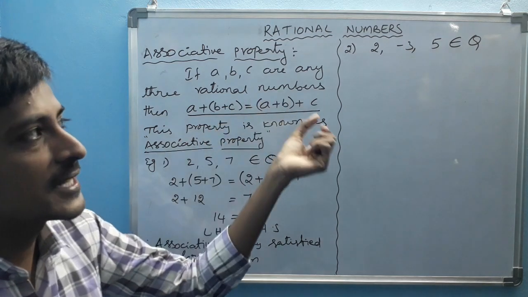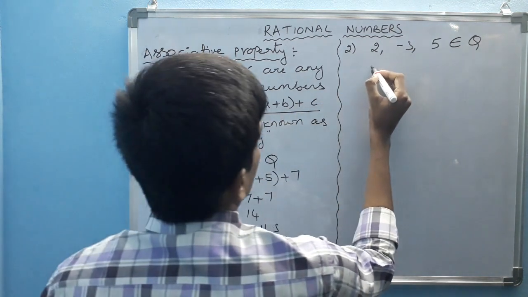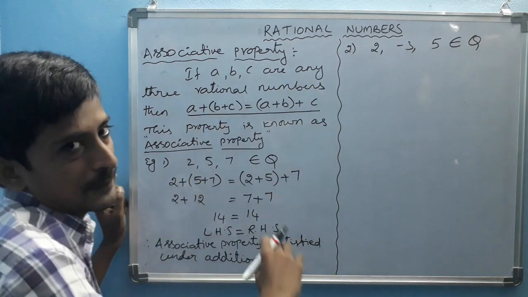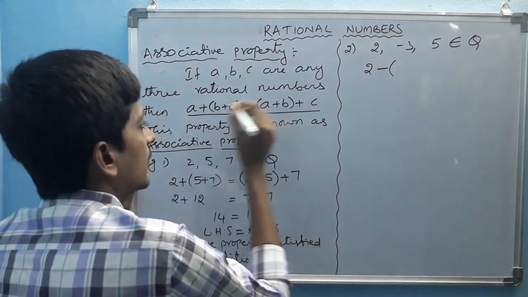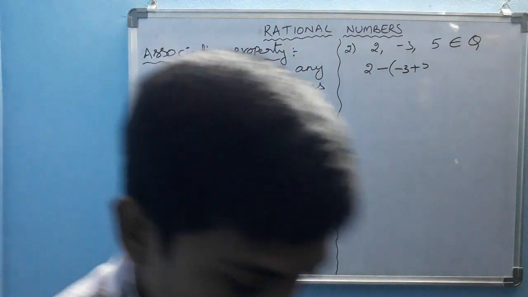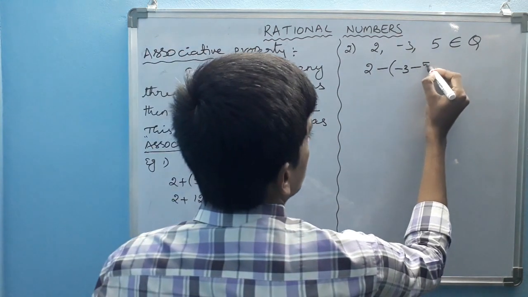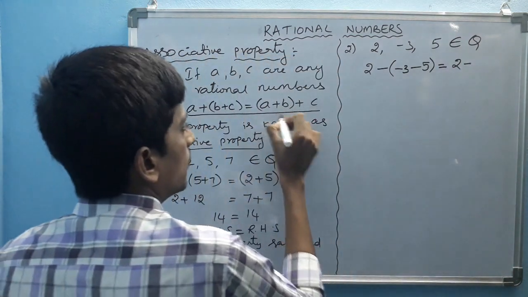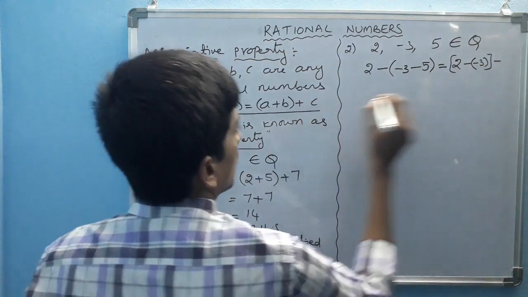So 2, minus 3, 5 belong to Q. Here under addition you take plus; as it is subtraction, you will take minus. (2 minus (minus 3)) minus 5 equals 2 minus ((minus 3) minus 5).